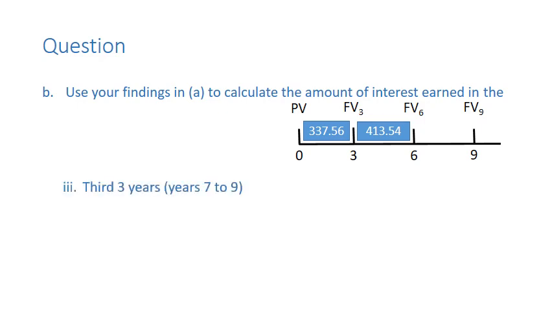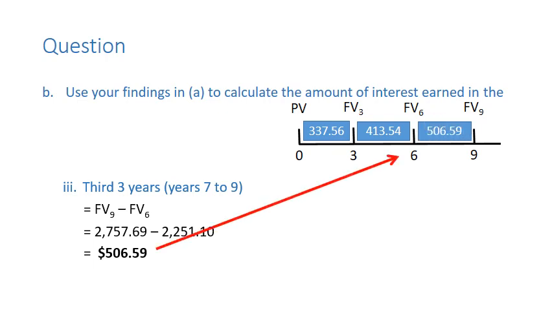Interest earned for the third 3 years is future value at the end of 9 years minus the future value at the end of 6 years. So it's 2.7K minus 2.2K, which gives you 506.59. This is the interest earned for the last 3 years.